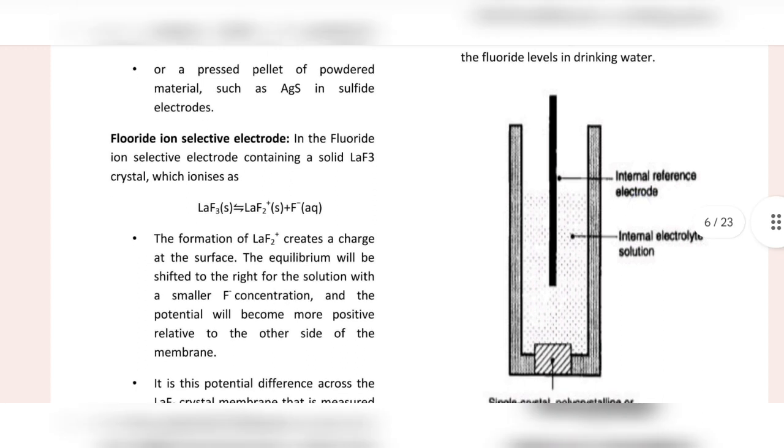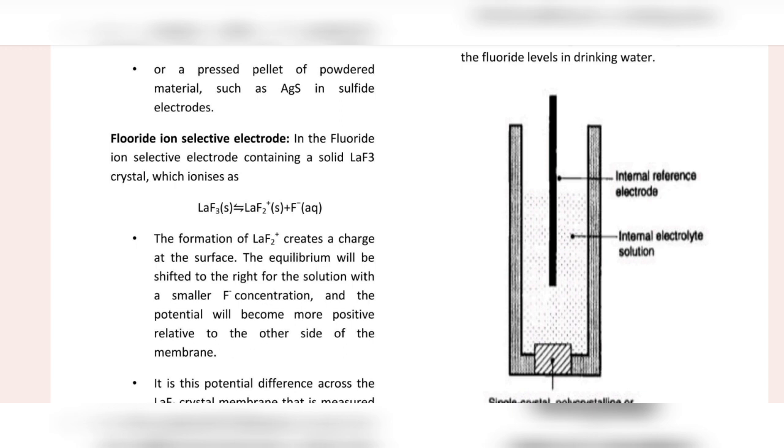So on both sides of that single crystal, the lanthanum fluoride membrane, there is a fluoride ion solution. Outside the membrane is the solution whose concentration we want to measure, and inside there is a standard solution, right? If the unknown solution contains a smaller F minus ion concentration, the potential will become more positive and the equilibrium shifts towards the right, because the F minus ion concentration is very low.